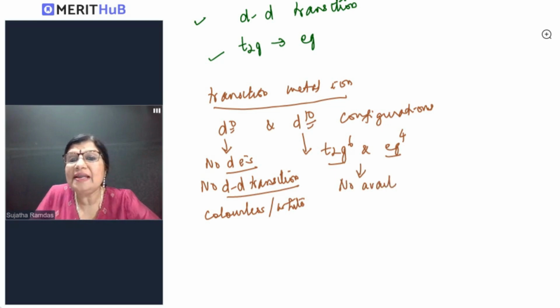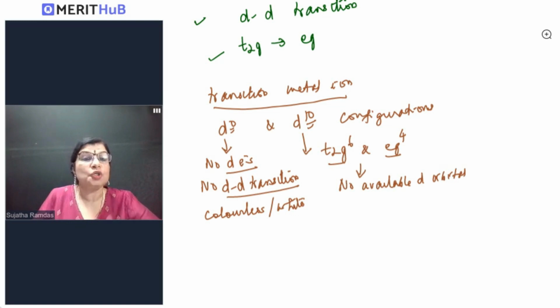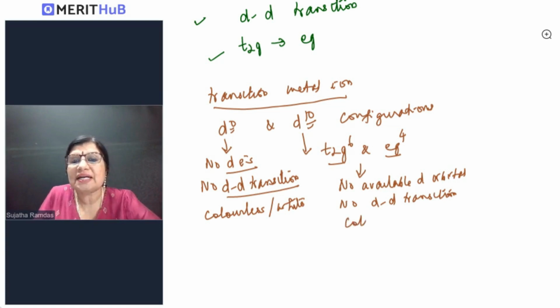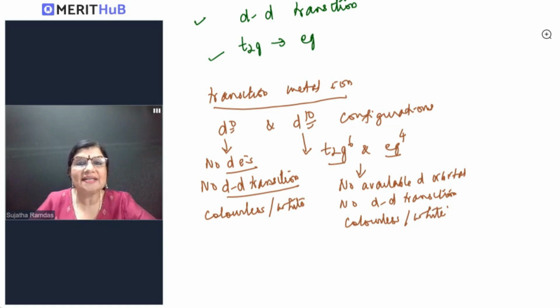No available d orbital for transition. To accommodate the electrons, there are no available d orbitals. So no d-d transition occurs, right? As a result, the d10 metal cations will also produce colorless or white compounds. Okay, so that is the criterion.